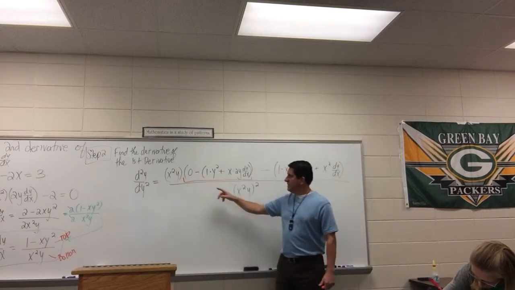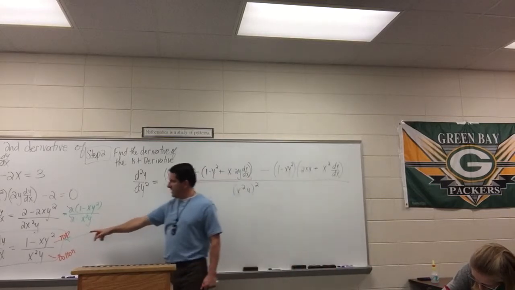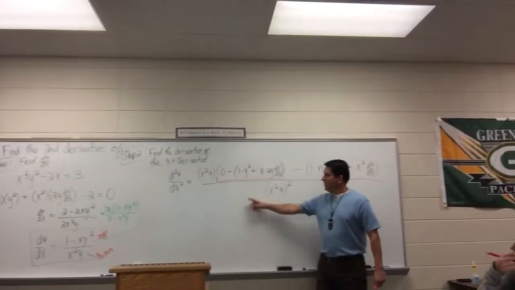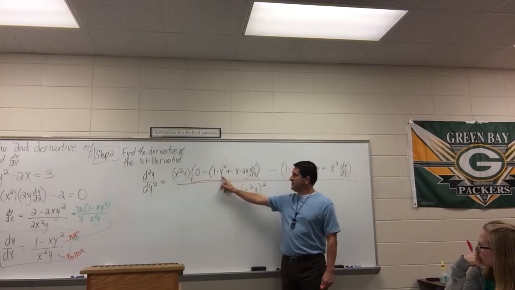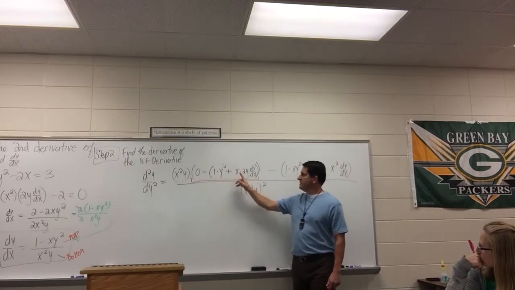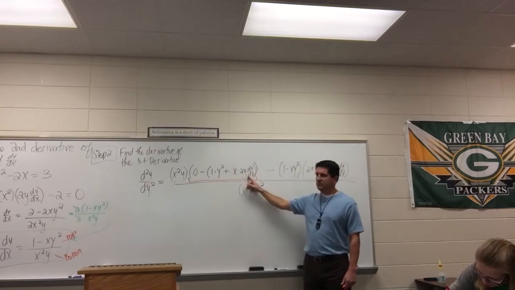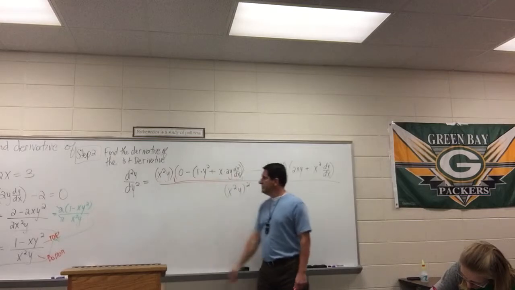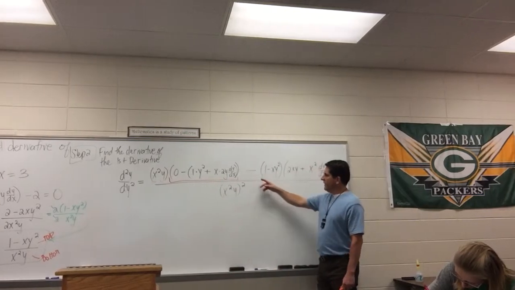Minus, now we have to do the product rule on x times y squared. The derivative of x is 1 times y squared plus x times the derivative of y squared. So this is the product rule on xy squared. That's just the first part.